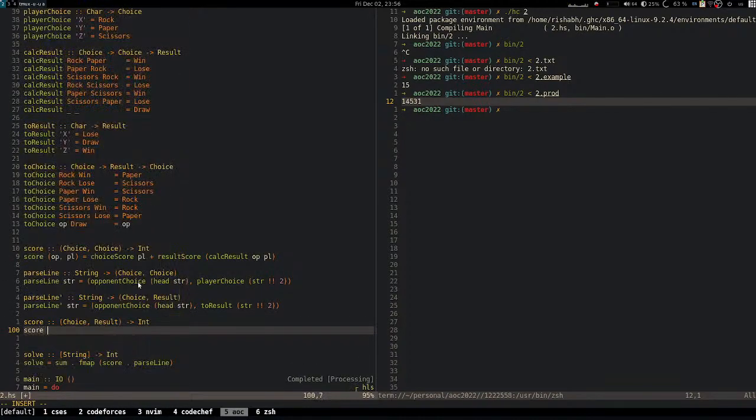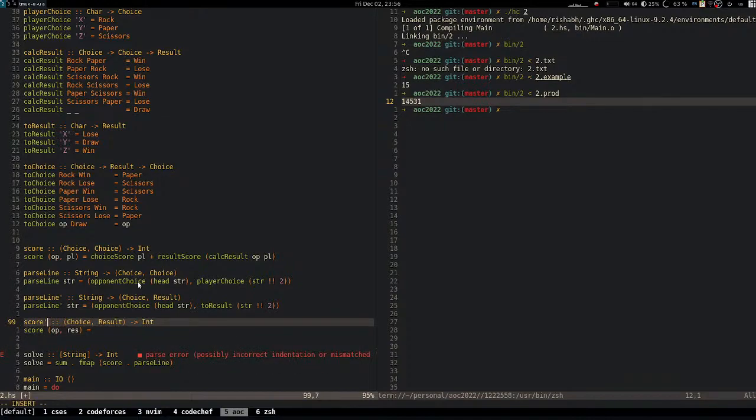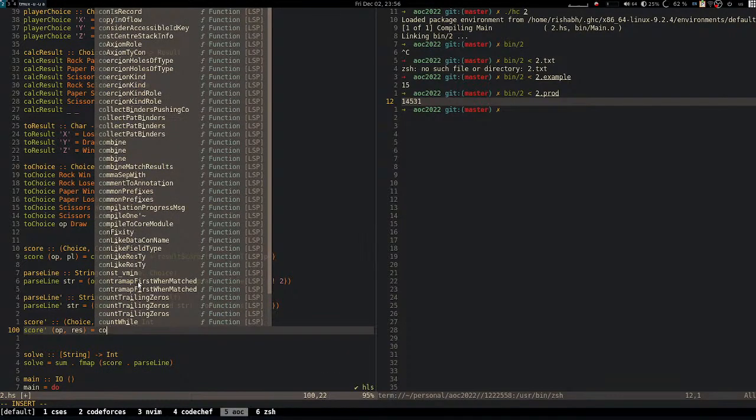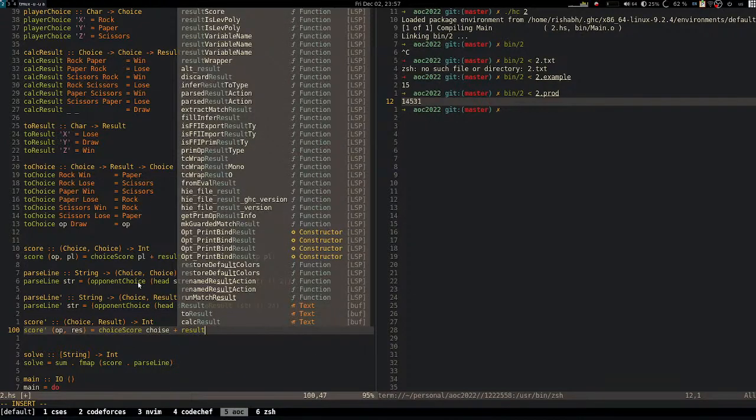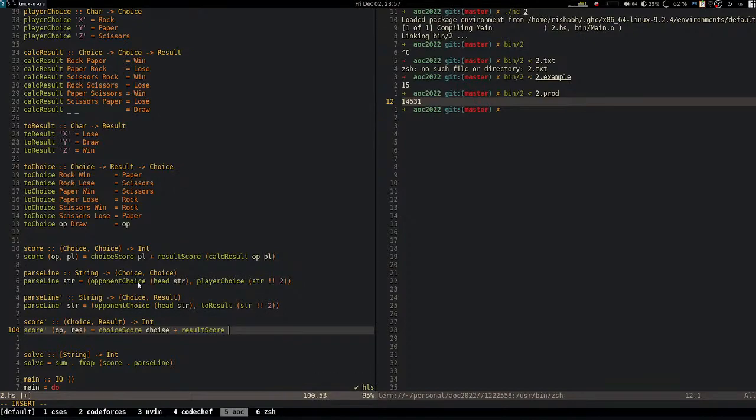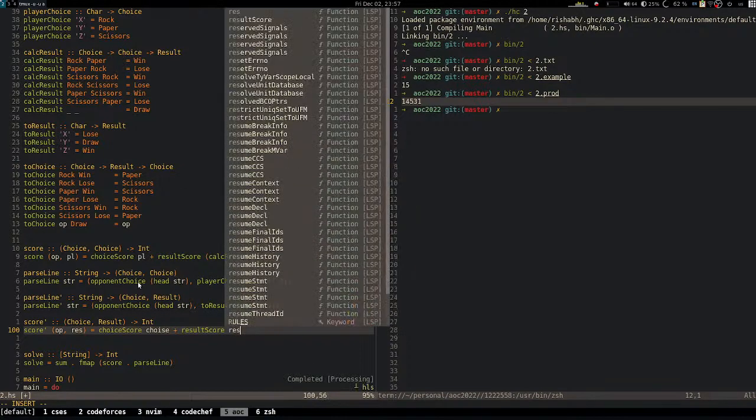And score of OP and RES is equal to, okay, so how should the score be? It's not score, actually it's score prime. First we need the choice: score of choice, plus score of result.